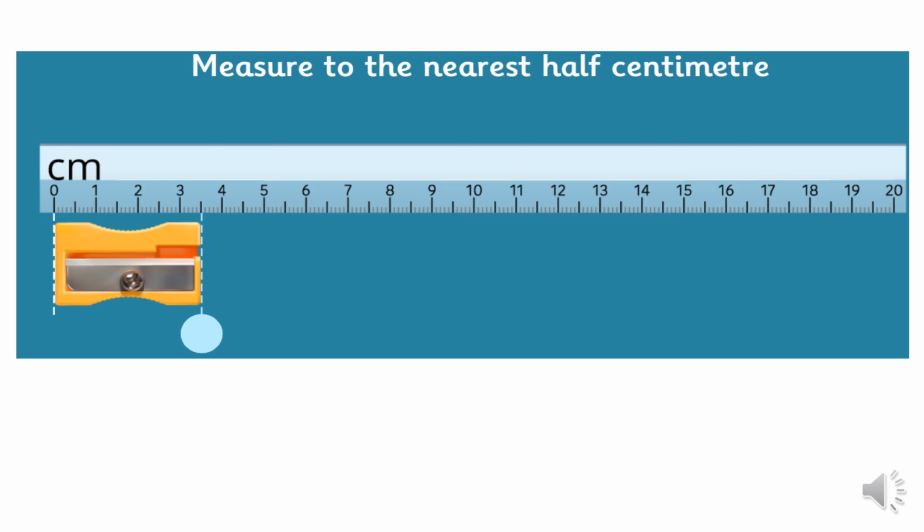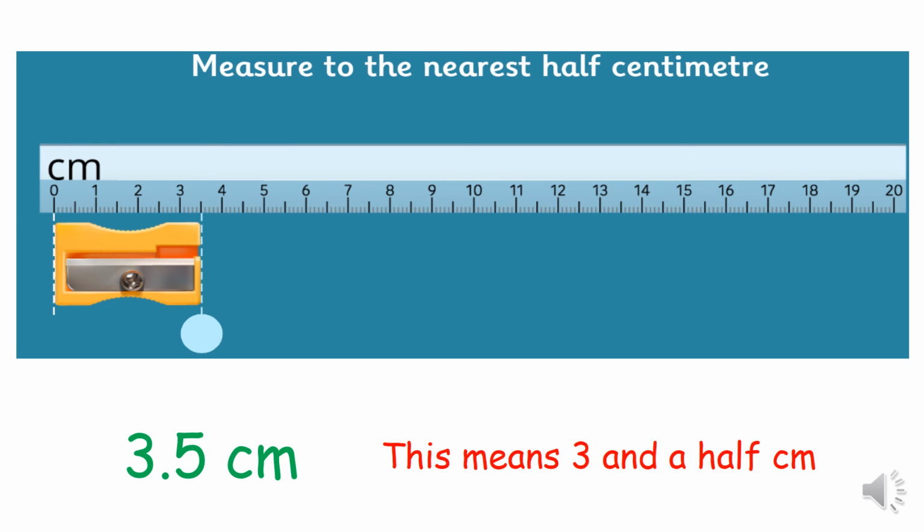This sharpener lands in between 3 and 4. It lands halfway in between. This means our sharpener is 3.5 centimetres long. That sounds really tricky, but that's a mathematical way of just writing 3 and a half centimetres long. So our sharpener is 3.5 centimetres long.